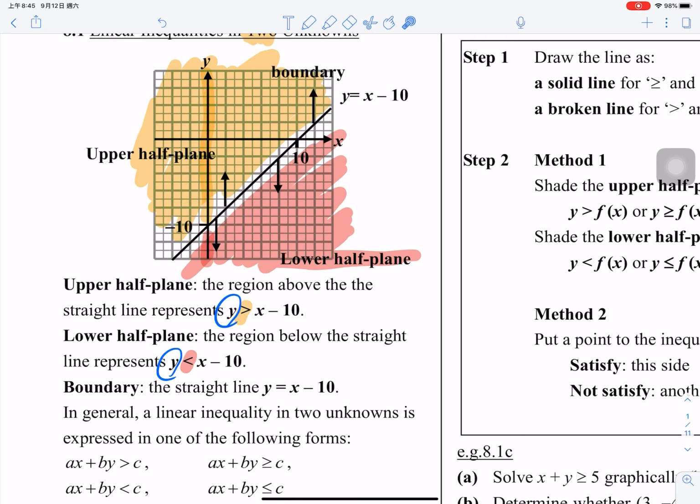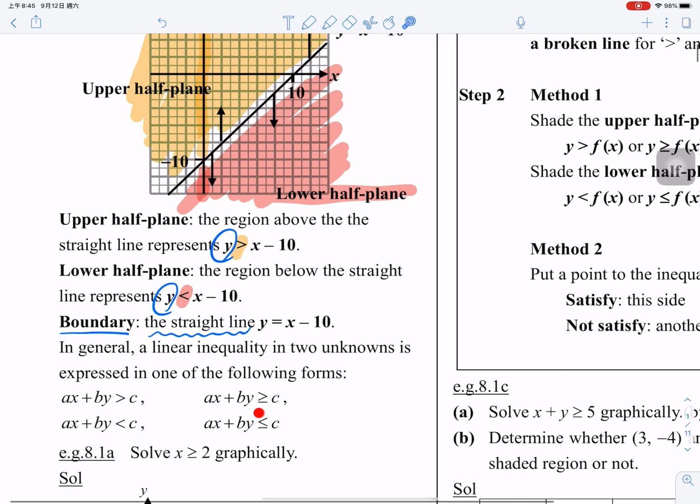Okay? And one more term about this is the boundary. That means the straight line. Include the straight line or exclude the straight line depends on the sign here. If there is an equal sign, then include the boundary as the solution. Okay?